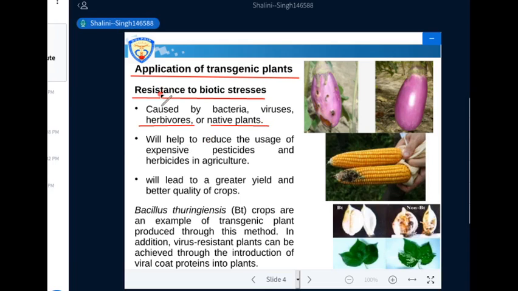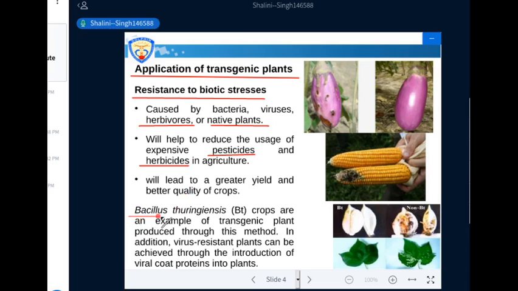If we engineer resistance to biotic stress in crop plants, it will help us to reduce the usage of expensive pesticides and herbicides in agriculture, and it will lead to a greater yield and better quality of crops. And it will benefit the environment also, as we are not using pesticides and herbicides in higher amounts after the usage of transgenic plants.